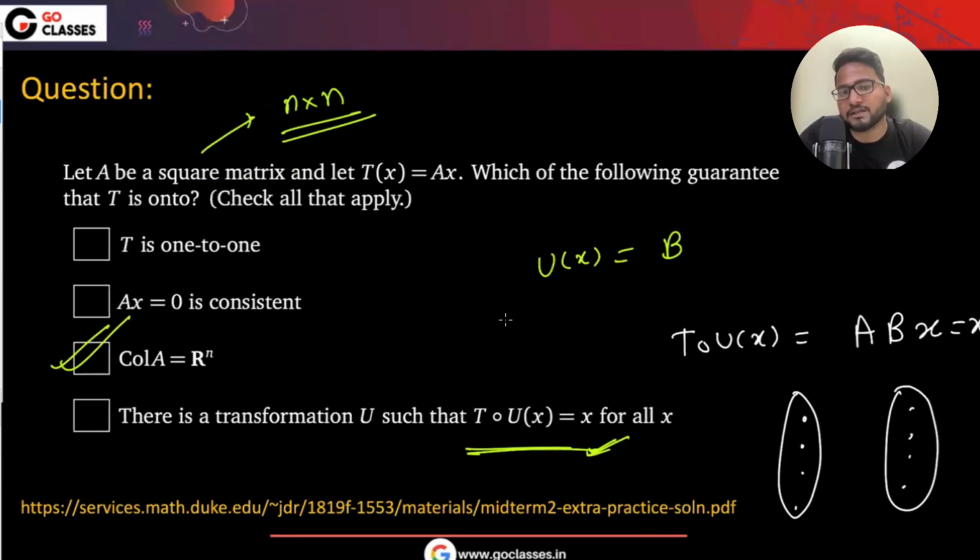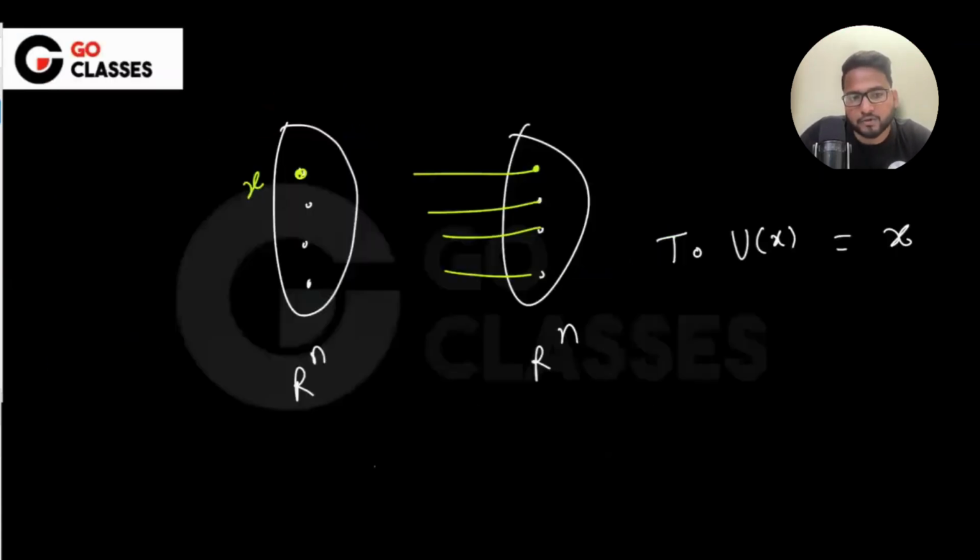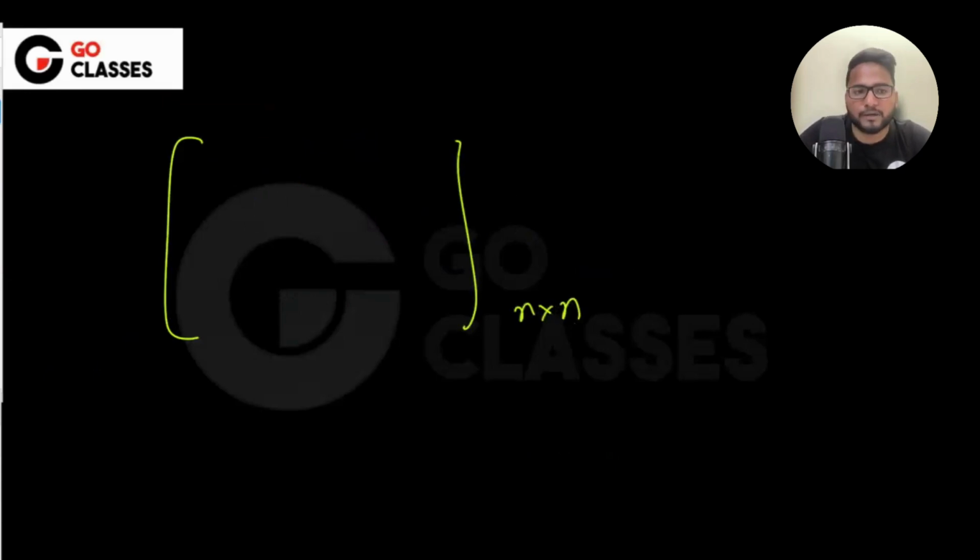So in that case, if it is 1 to 1, then does this guarantee that it is onto? Do you want to check this now? Because this is a square matrix. So see, in terms of the matrix, I can tell you this A is n cross n, right? If it is 1 to 1, then what does this mean? It means the columns are linearly independent, right?